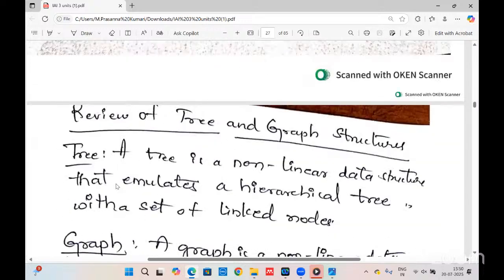You know about tree? What is a tree? What is a node?